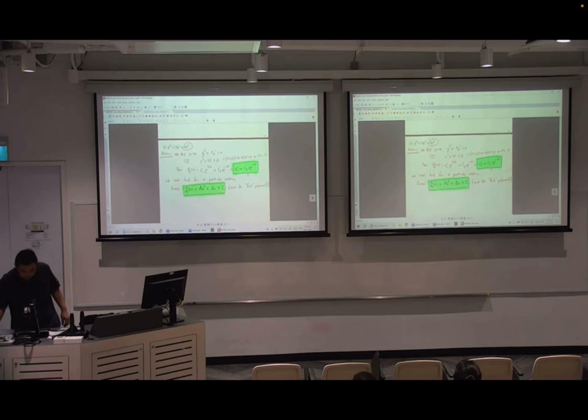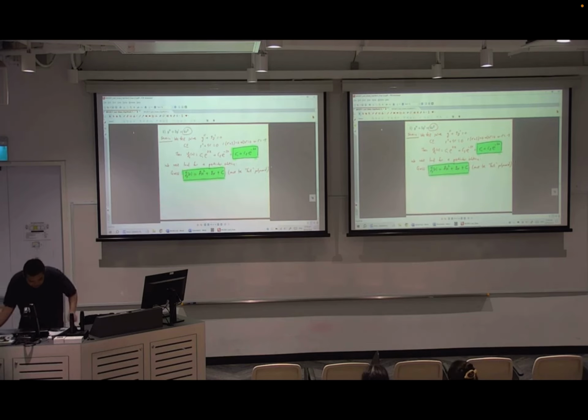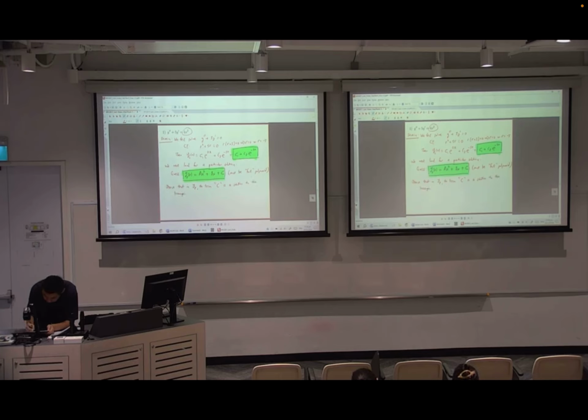So let's observe that in your y_p, the term c is a solution to the homogeneous DE, y prime prime plus 5y prime equal to 0.